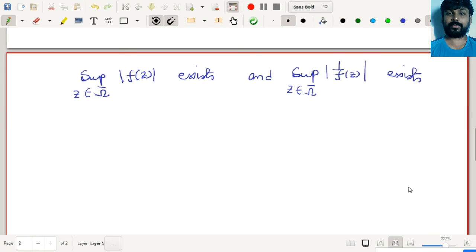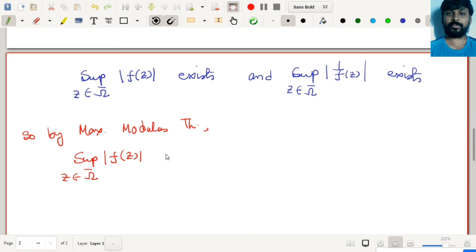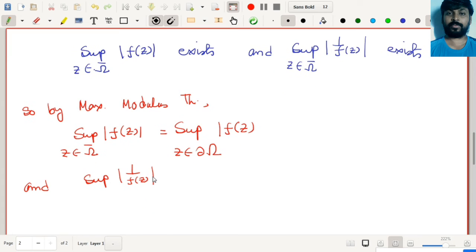Okay, so by the maximum modulus theorem, the supremum value of mod f(z) as z belongs to omega bar is the same as the supremum value of mod f(z) when z belongs to the boundary of omega, and the supremum value of 1 by mod f(z) is the same as the supremum value of 1 by mod f(z) where z belongs to the boundary of omega, right?